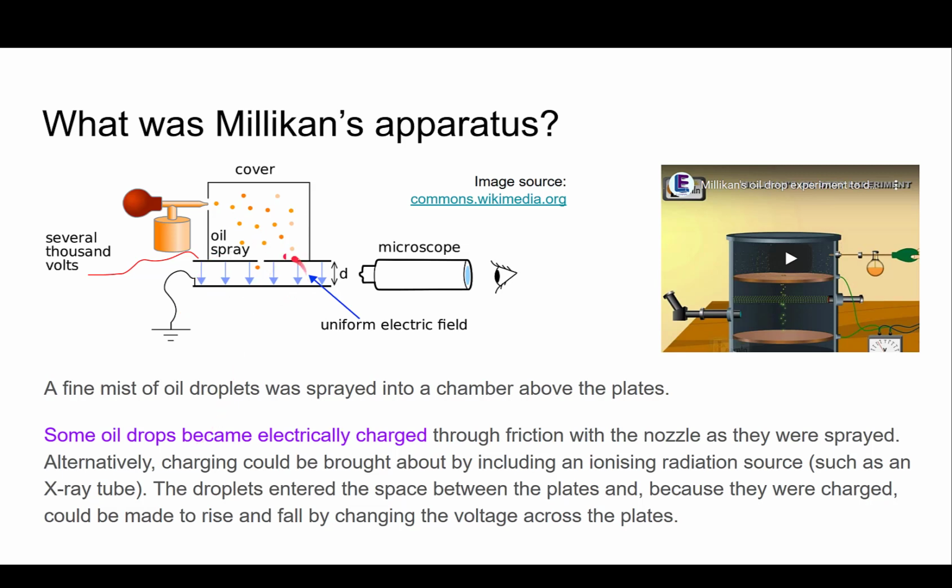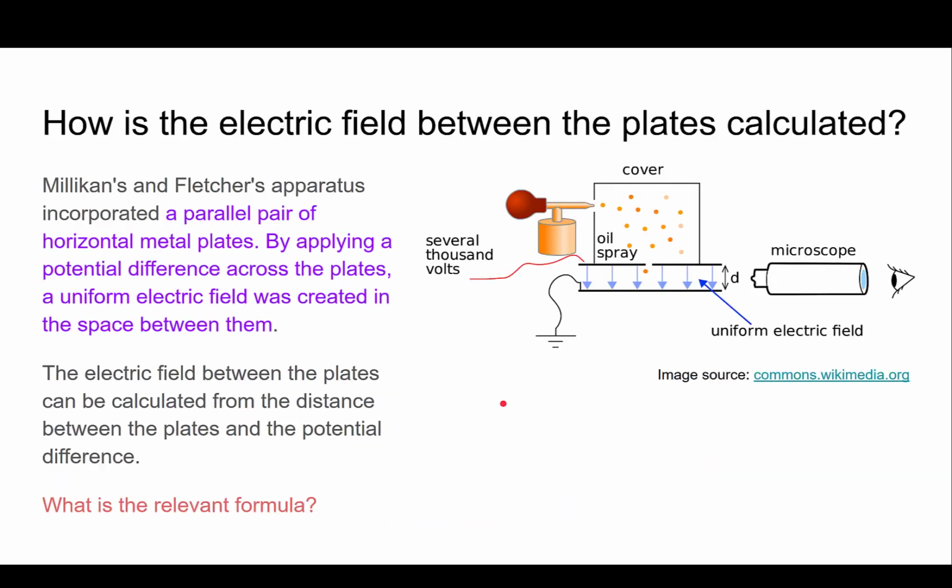When they fall into the bottom chamber, they can be exposed to an electric field if it's turned on in the bottom chamber. Let's look at this electric field. The electric field is produced by two horizontal metal plates with a small hole which allows the oil droplets to fall in between the plates.